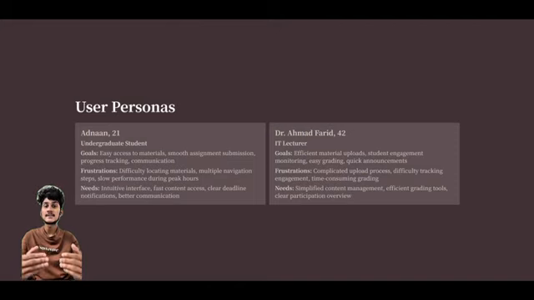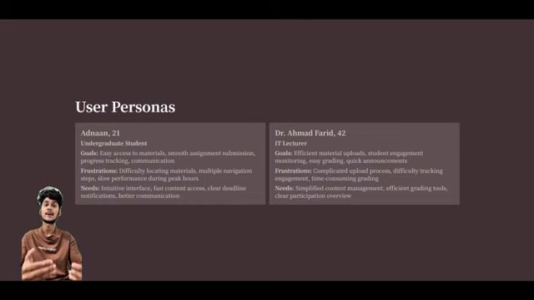The second persona is Dr. Ahmed Farid, a lecturer. His goal is to upload materials, monitor student engagement, and grade assignments easily. However, he finds the upload process complicated and grading a bit time consuming, and these personas have helped us understand user needs better.